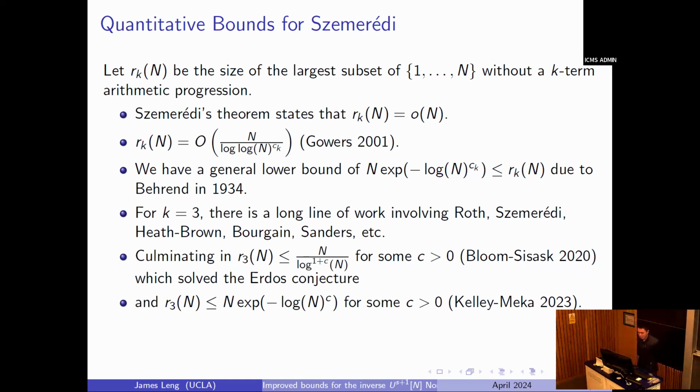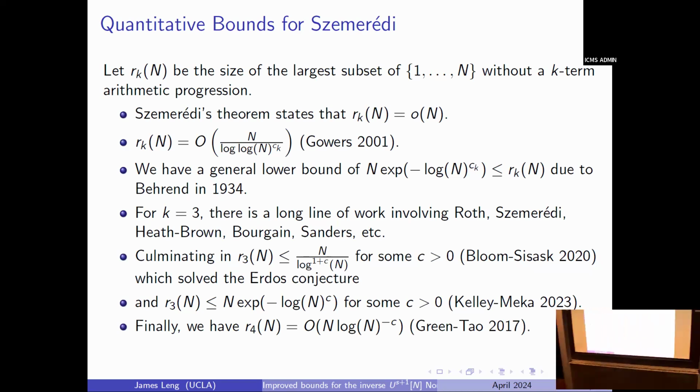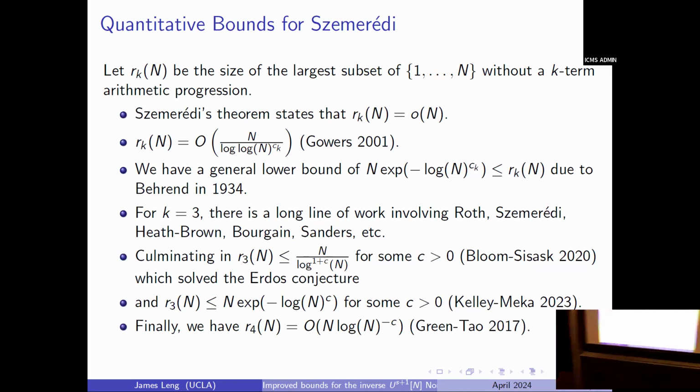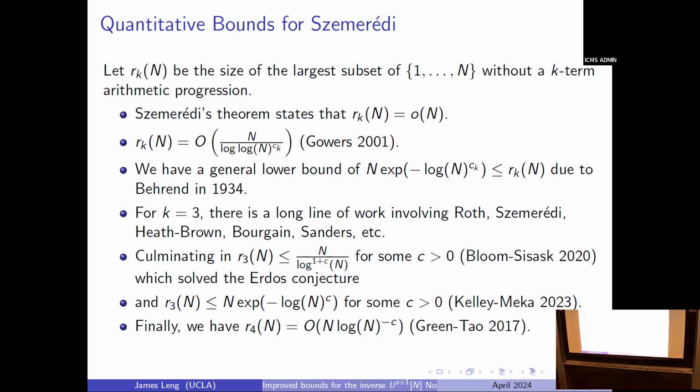In general, we conjecture that the upper bound for R sub k of n is the Behrend bound. Still quite far from it. Finally, the previous result we have is for R sub 4 of n, which is n over log of n to some power, by Green-Tao in 2017.